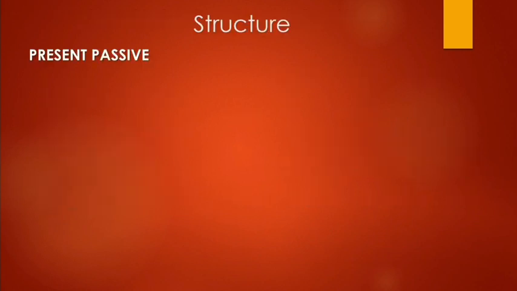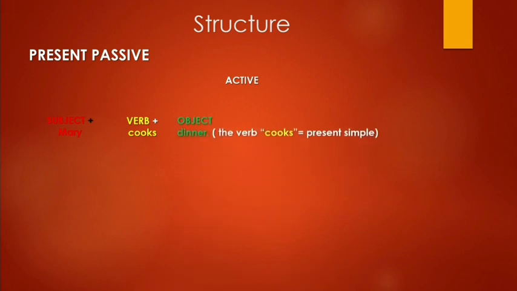So the structure of passive voice in present simple. In active sentences we have got a subject. In this sentence we have Mary, subject, verb, cooks, and the object, dinner. The verb cooks, as you can see, is in present simple. The change of this sentence into the passive goes in this way.